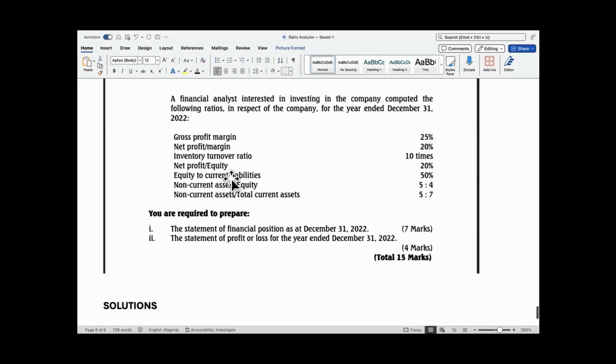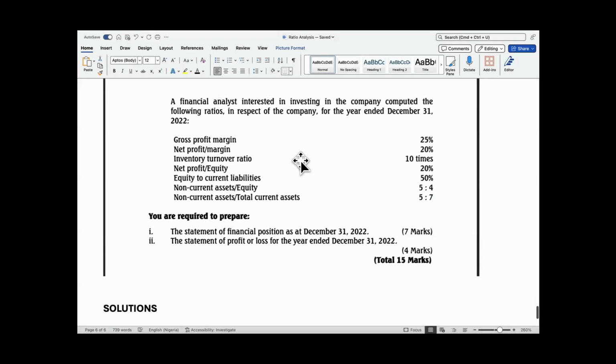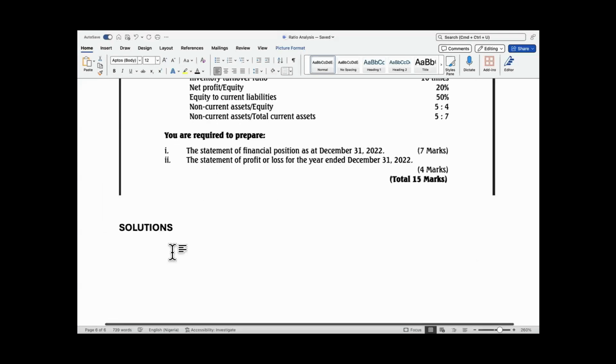Net profit to equity ratio, would that help? No. Equity to current liabilities ratio, then non-current asset to equity. We can start from here, or from non-current asset to total current assets. Either of the two, I can start from here because they gave me my non-current assets. So let me start with that.